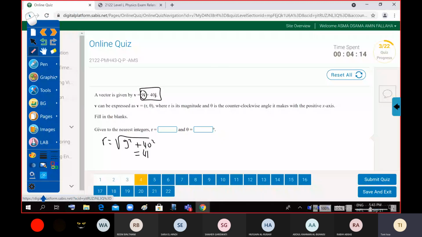Is x positive? Yes, it is 9. So to find theta, I will use tan minus 1 of, not opposite, sorry, y over x. So it will be 40 over 9. I don't add 180 here because I can see that x is positive, and you will get 77.32 degrees.